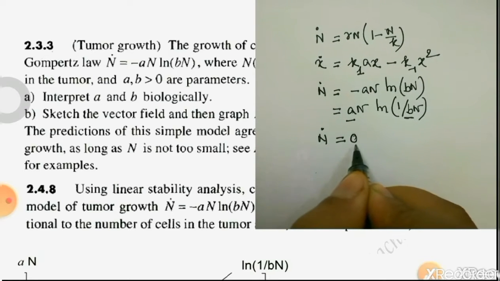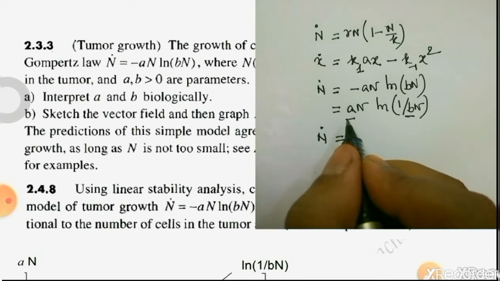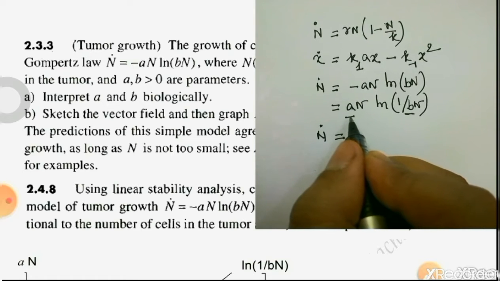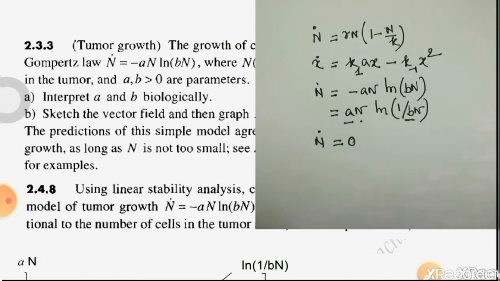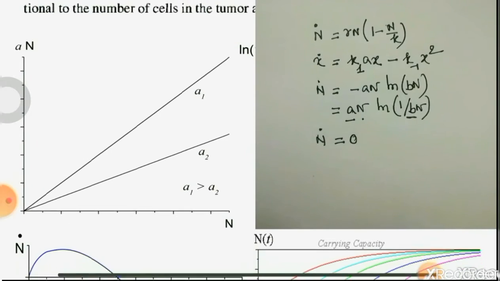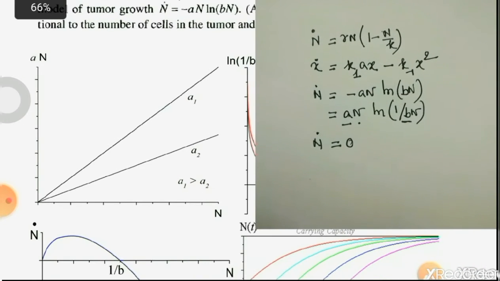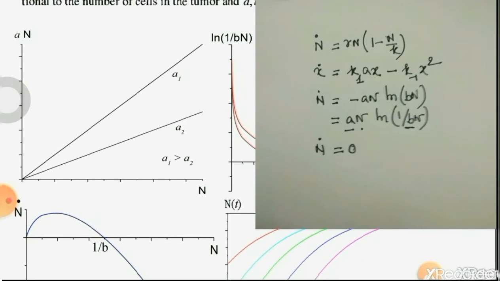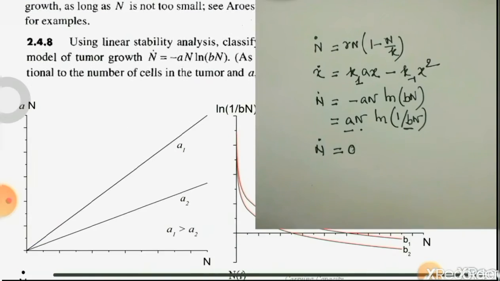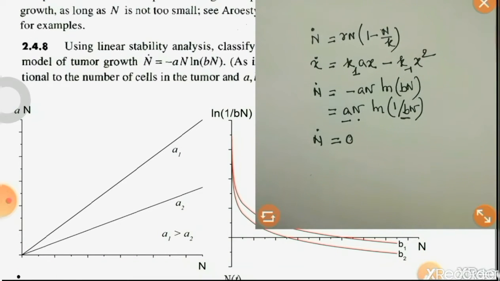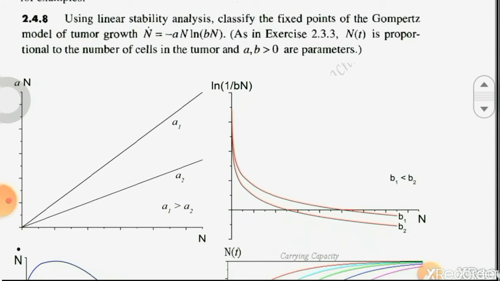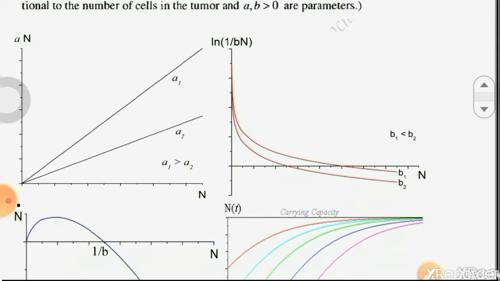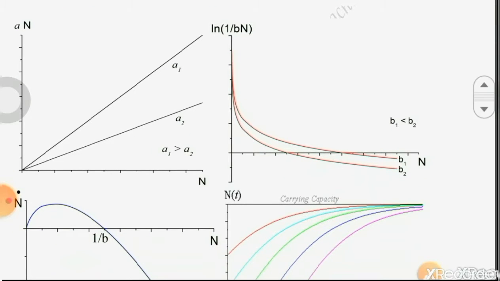So, n dot equals 0 will be satisfied when a n, which is the equation of a straight line, and here I have shown the plot. a n is a plot of a straight line, and I have also plotted the log base e, ln 1 by b n as a function of n.